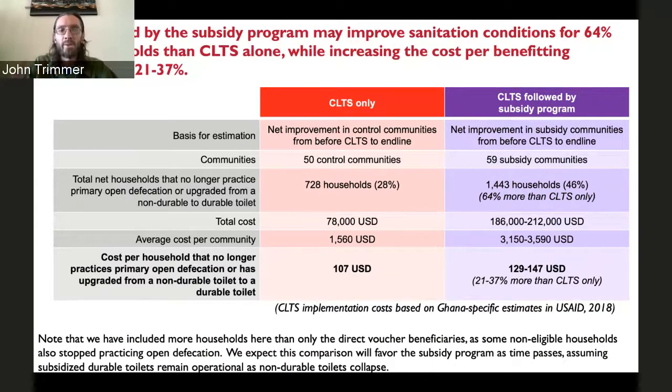In the table that we're showing on this slide, that's shown in the first red column there. Now the purple column shows the second scenario that we looked at, where we have CLTS that's then followed up by this subsidy program. Again, we have CLTS at the beginning, the community reaches open defecation-free status, and then at some point after that, this subsidy program is implemented.